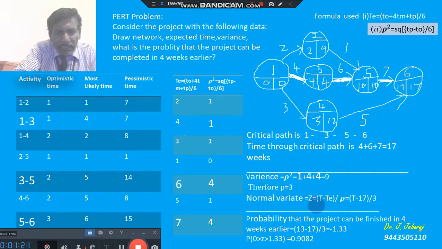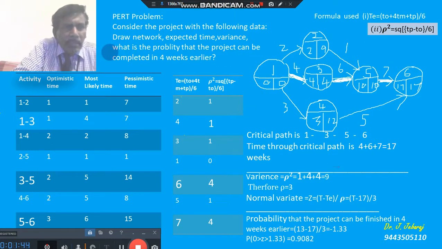Normal variate equals (T minus T_E) divided by sigma, the sigma being the standard deviation through the critical path, and T_E the expected time through the critical path, TCP, and T is the targeted time. Okay, that's all we are going to find out.